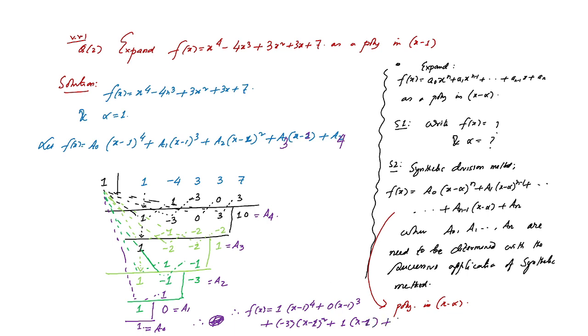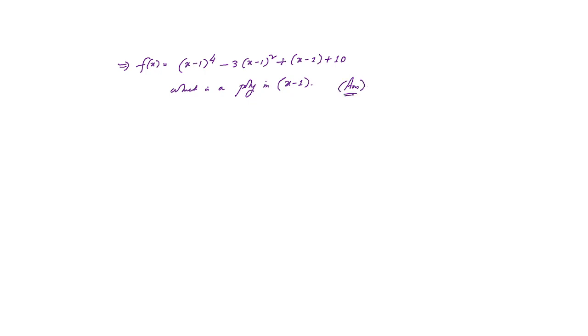And A4, A4 means 10. So that implies f(x) equals (x minus 1) whole to the power 4 minus 3 into (x minus 1) whole square plus (x minus 1) plus 10. So which is a polynomial in x minus 1. So our answer is done.